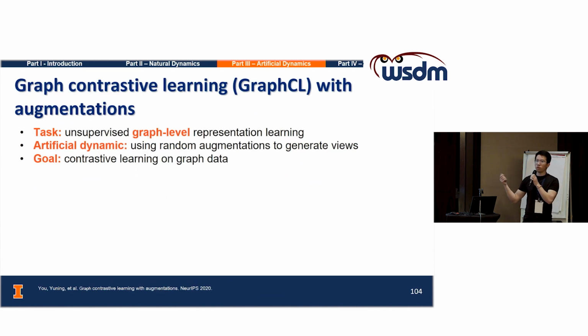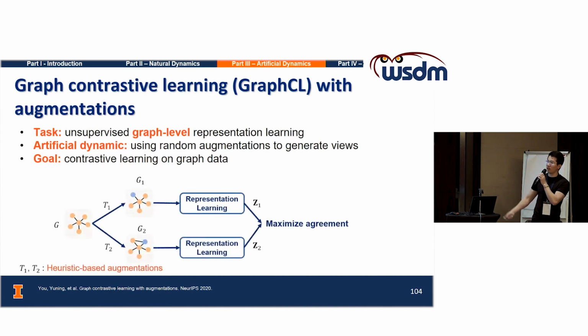So the goal is to support contrastive learning on graph data. If the audience knows something about contrastive learning, I think the overall framework will be much easier to understand. The overall framework of graph contrastive learning is, at first, we are given a graph G, and we use some heuristic-based augmentation to generate two views, G1 and G2.